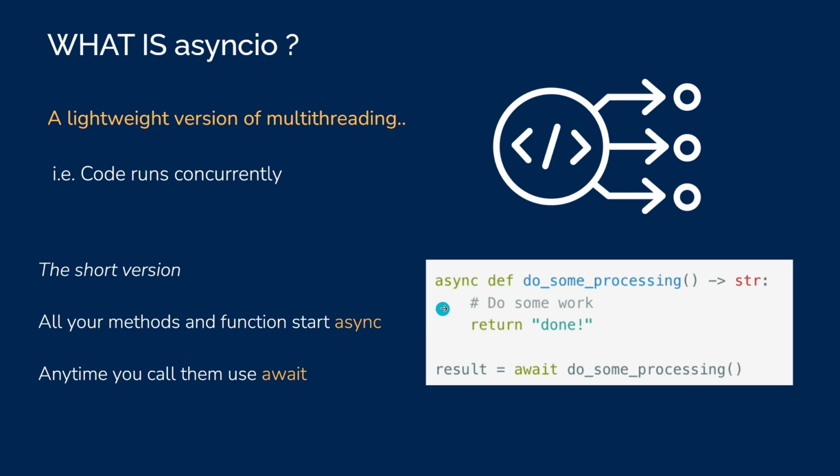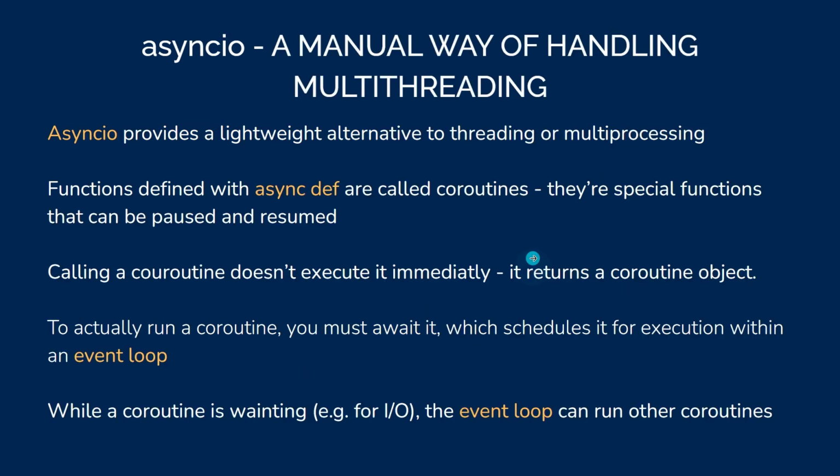So you need async before beginning with def, and in order to run the code or get the result, you need to type in await. So this is, of course, a manual way of handling multi-threading.